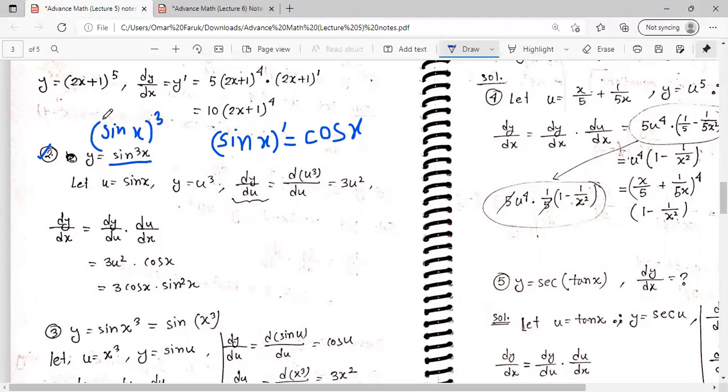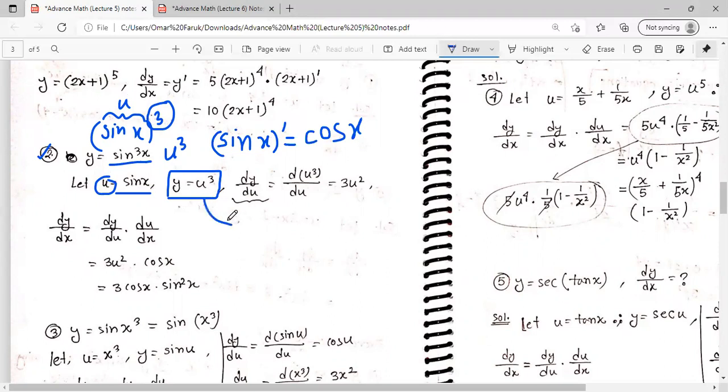So our u will be sine x, or our inner function will be sine x, and our outer function will be u cube. Do you understand?